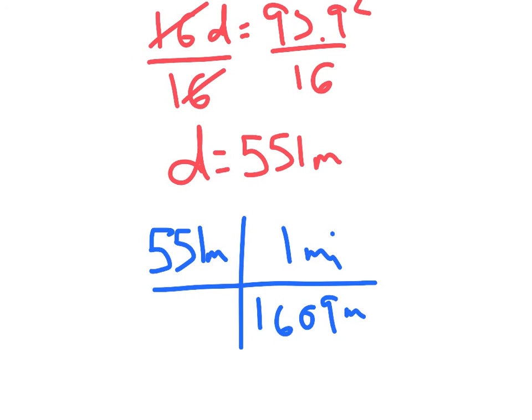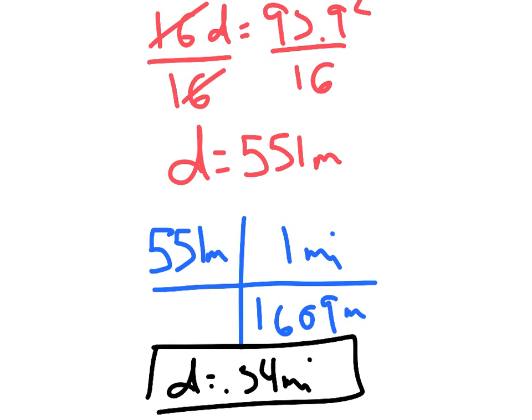So if we do 551 divided by 1609, that'll be our answer. So our final answer is D equals 0.34 miles. So going around 210 miles per hour, slamming on your brakes with an acceleration of 8 meters per second squared, you're going to go about 3/10 of a mile before you actually come to a stop.